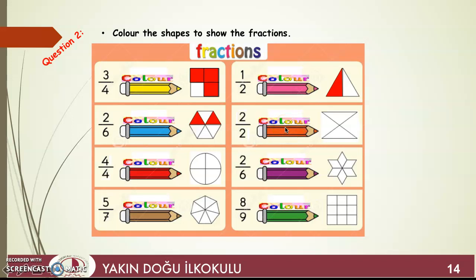Color this one. Okay. Now this one. Next one. Yes. And the last one. Good job.